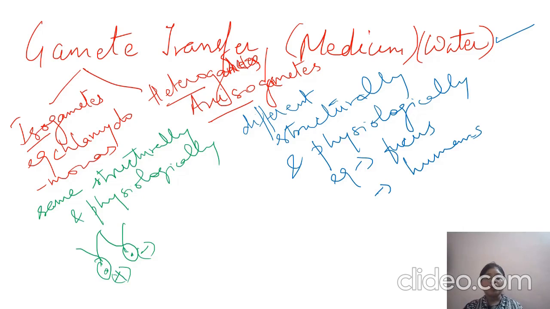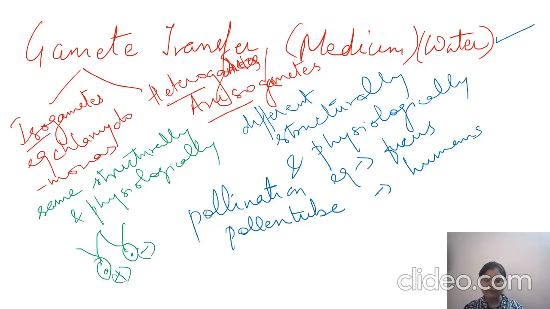So what do we see in them? Whenever such transfer is not required, I'm talking about completely terrestrial organisms. In them, like you have heard about pollination in case of plants, pollen is transferred by insects and by winds. Now what happens to that pollen when it falls? How does that male gamete reach the egg? Via your pollen tube.